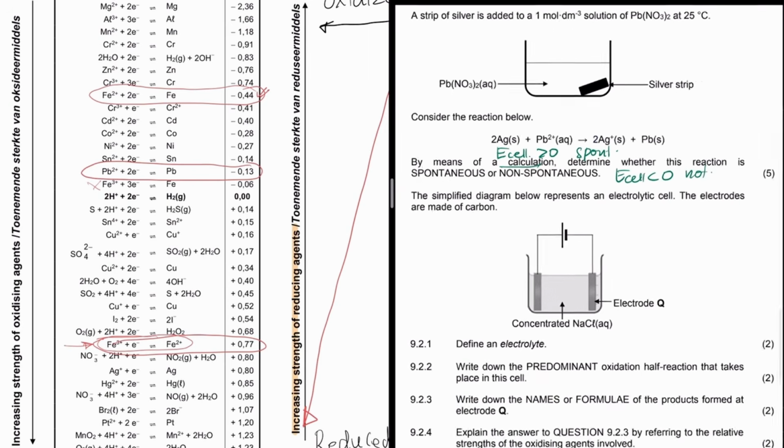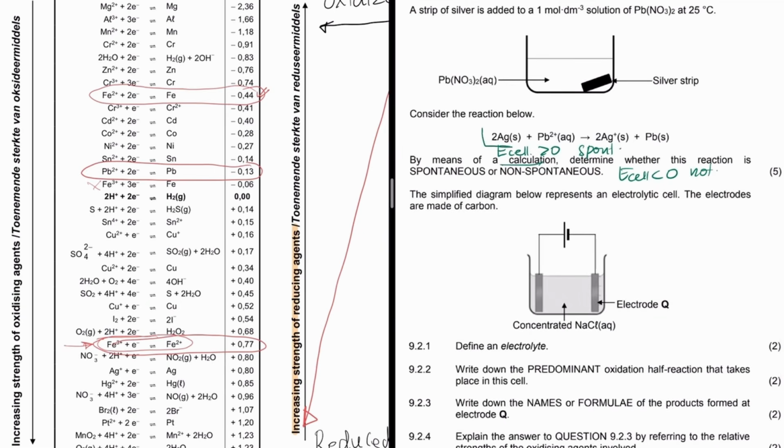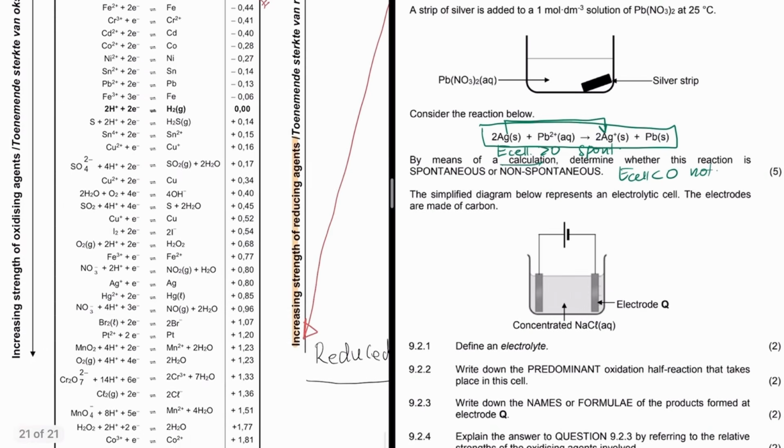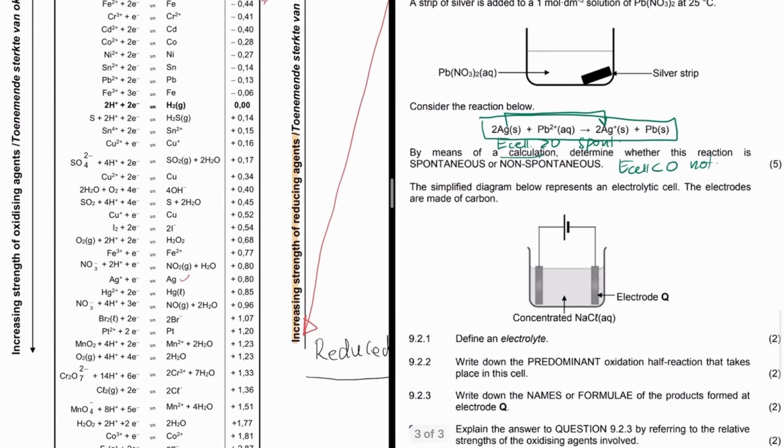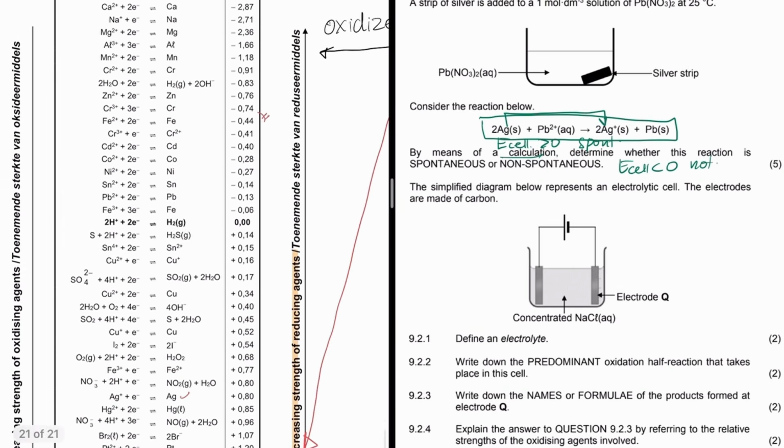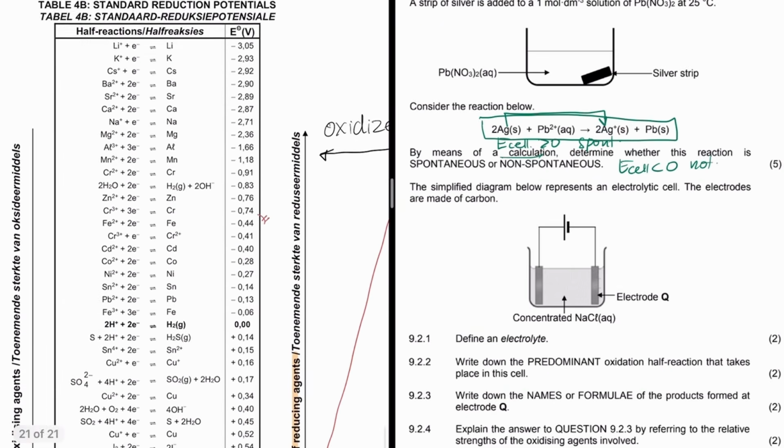So let's go ahead. Here's the reaction. It's just a matter of picking the correct equations, okay? So let's go ahead and find these things. We have here Ag going to Ag plus. Let's find that. Ag is here, but that's not the one we're looking for. Where are you?